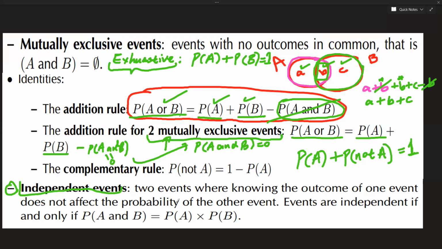And then if two events are independent, this formula is always going to be true. This formula is always going to be true. Probability of A and B will be the same as probability of A multiplied by probability of B. So if the question asks you to prove if events are independent, you're going to take probability of A and B, get the answer, and then take probability of A and multiply by probability of B and get the answer.